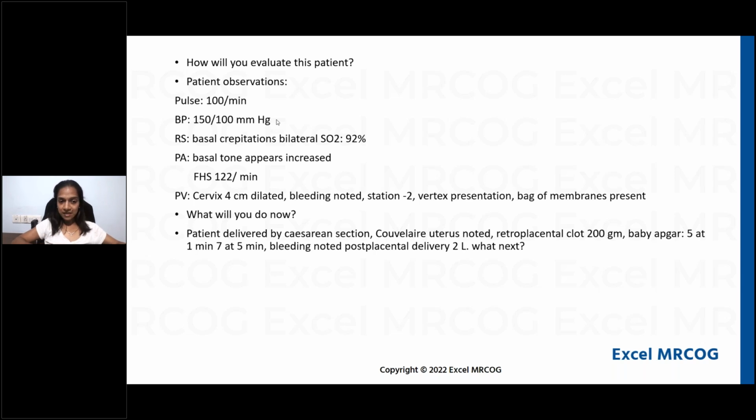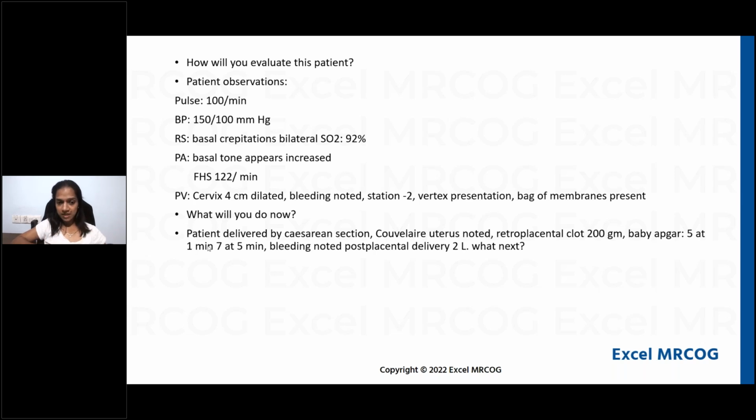Blood pressure is high, there are basal crepitations, saturation is 92%, tone is increased, FHS is 122, which may be a dip from the tachycardia, that is baseline tachycardia that you see on CTG. There may have been a dip to 122, which becomes a deceleration if it is coming down from the baseline.